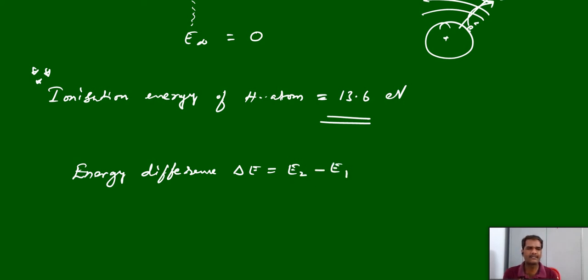E2 means the final shell and E1 means the initial shell, or E final minus E initial. E2 you can write as minus 13.6 for the same atom, Z square by n2 square, minus E1. E1 is again minus 13.6, so minus minus plus 13.6 into Z square by n1 square.